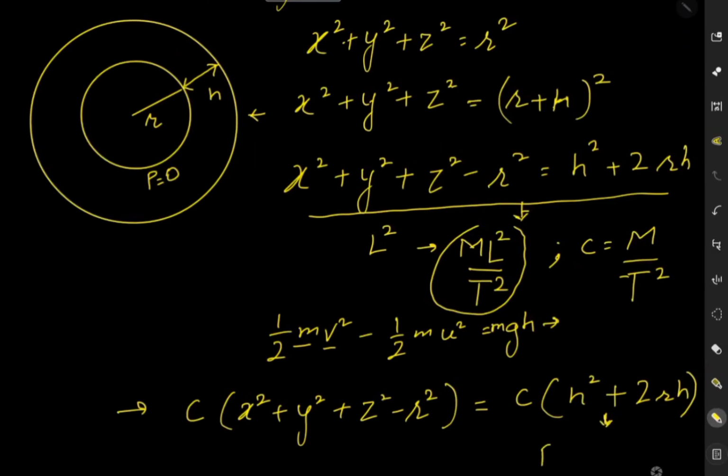Our right hand side term is the potential term, which is dependent on height h. So this becomes our new equation P(h), where P is our gravitational potential. As P depends on h, we write P as a function of h. If we increase h, P will increase. If we decrease h, P will decrease. Okay, so let's move on.